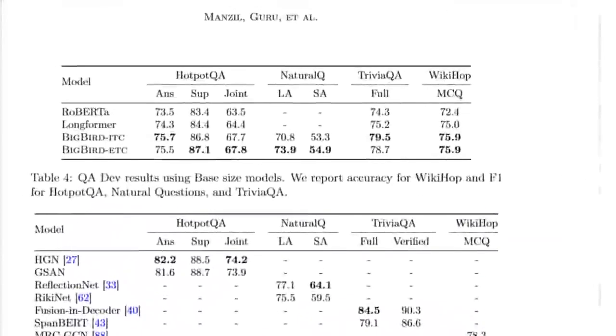So these are dev set results using base size models, for example, where you can see they do outperform basic RoBERTa models. They outperform Longformer, which may mean that the random attention is useful, but in these things it may also just mean that you've thrown more compute at it.